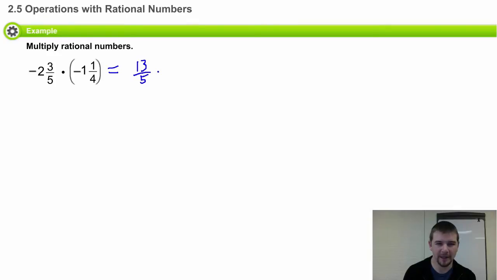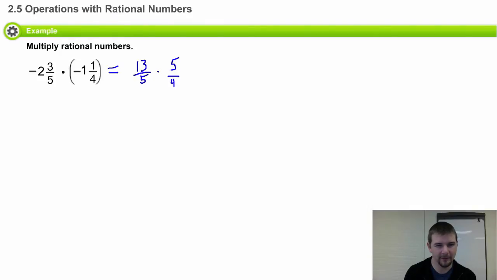Now we'll be multiplying by, ignoring the negative signs, 1 1/4. So we need to do something similar to convert 1 1/4 to an improper fraction. 4 times 1 plus 1 is 5. And our original denominator was 4.